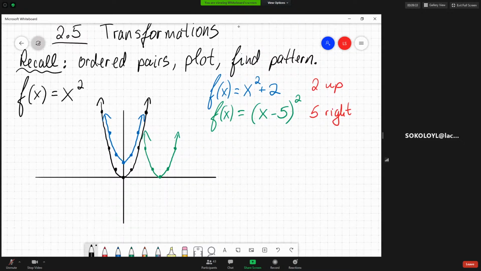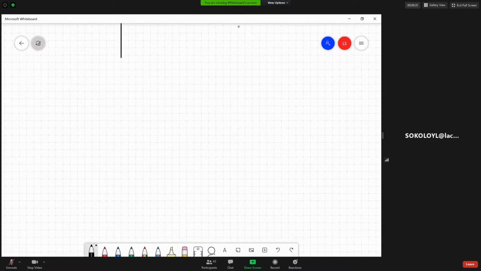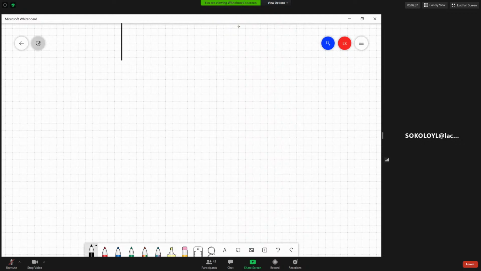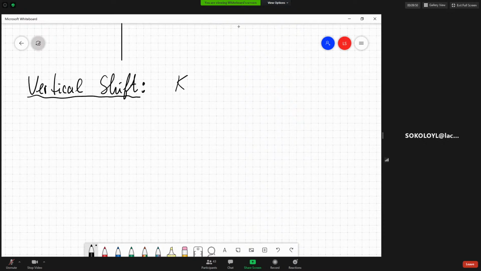So let's start with the first two transformations that are the vertical and the horizontal shifts. Vertical shift first. For vertical shift, we will use k to represent the shift, and k is going to be a positive value.